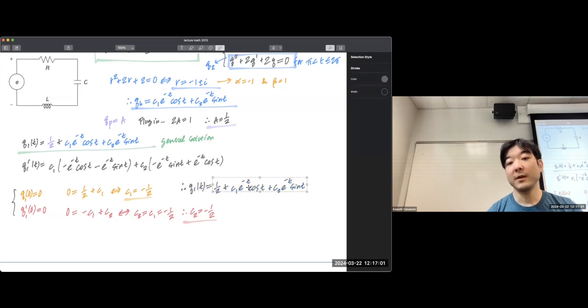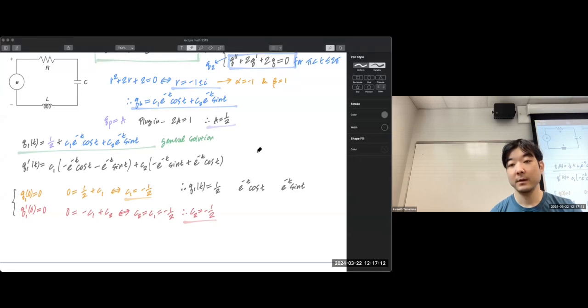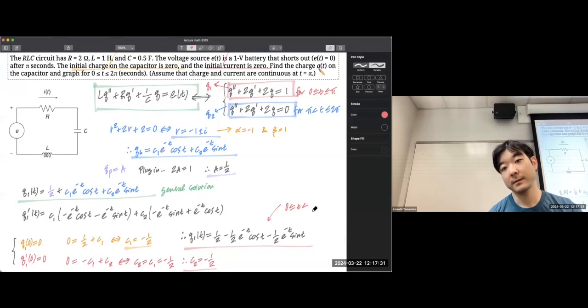But it's going to be with C1, oops, and C2 being negative half, and negative half. So this is the answer for before it short circuits. This is like for 0 up to pi.